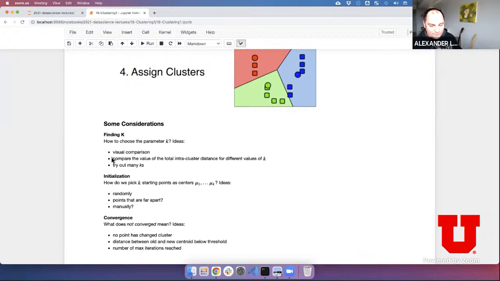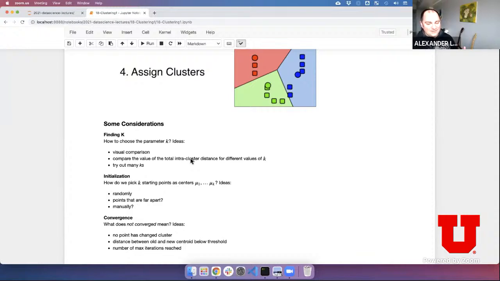The other thing we can do is compare the value of total intercluster distance for different values of k. So the distance from each point to its centroid, if we take the sum of all of those, maybe we can pick a k that minimizes this.